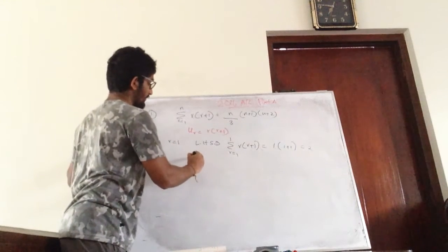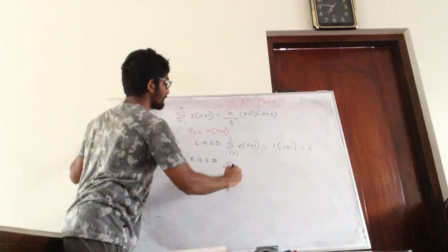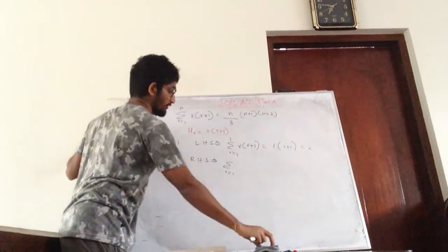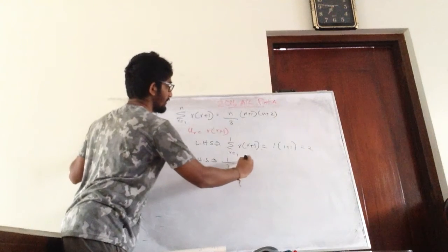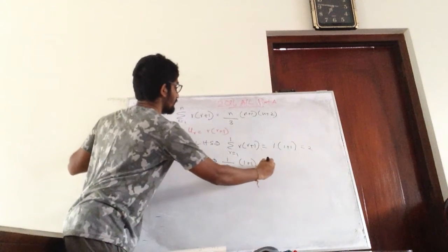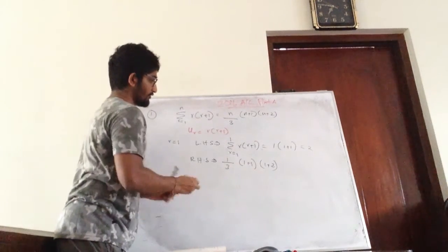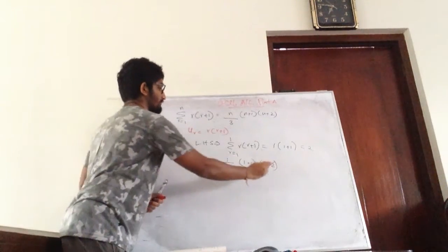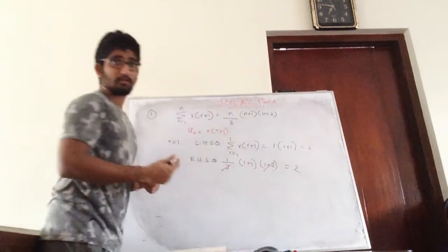So then for the right hand side, R equals 1, that is what? 1 over 3, 1 plus 1, 1 plus 2. Right, no? So this can cancel off, so remaining is 2.